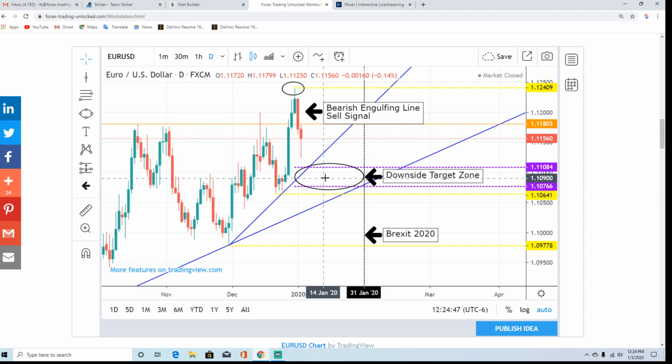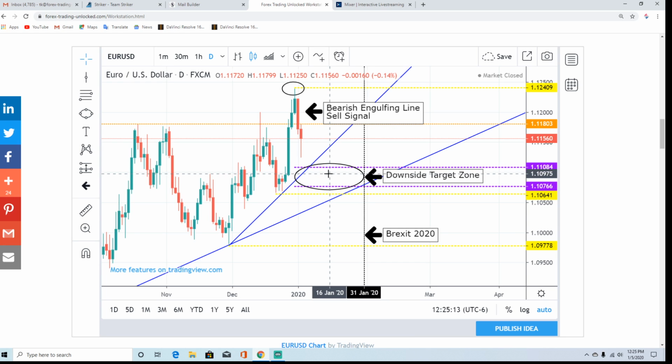So with that being said, if we hold that trend, then this downside target zone, where the top is about $1.1108 down to $1.1076, still puts us above this last higher move low. So if the market comes down in here and bottoms and finds some good support, this would be a nice little spot for the trend to then resume.